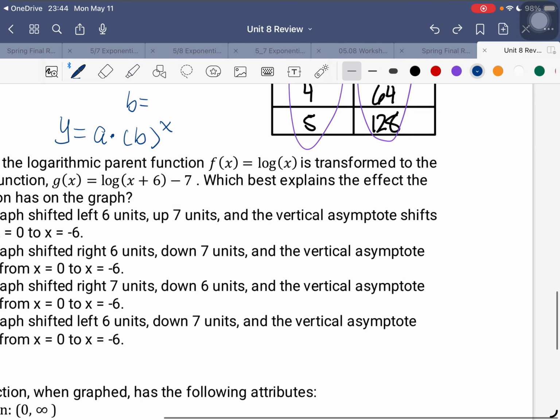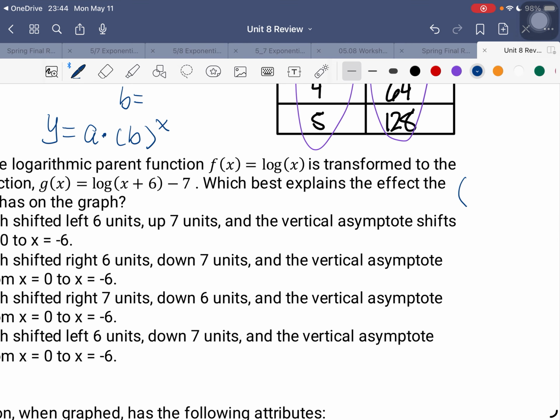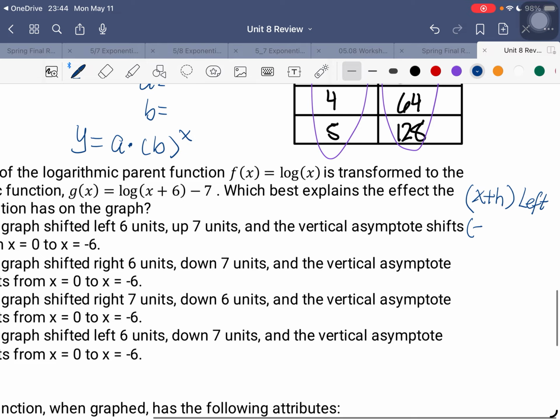For logarithm, x plus h in the parentheses is actually moving to the left. x minus h in the parentheses is moving to the right. After the parentheses, if it's plus k, it's going up. After the parentheses, negative k is going down.